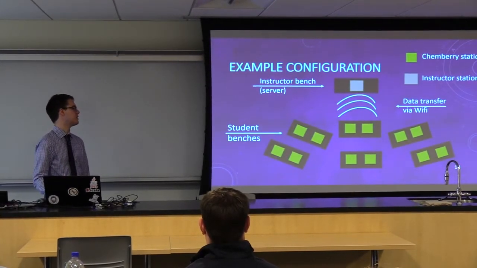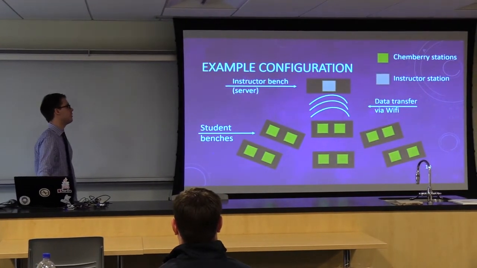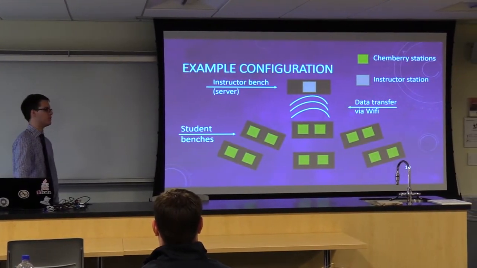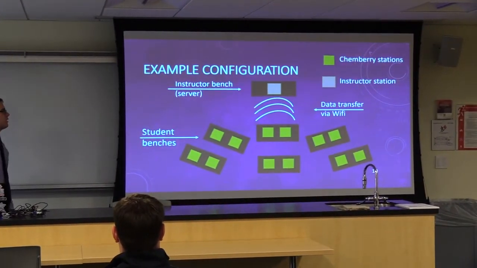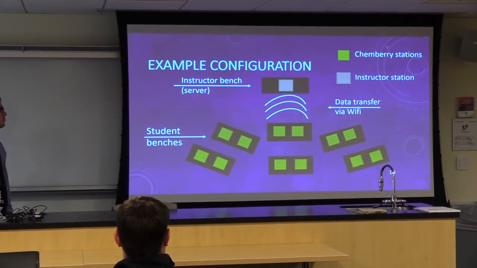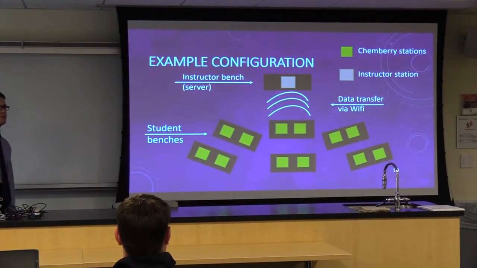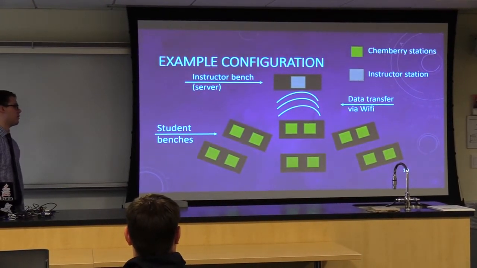In the classroom, this is what the situation is. There are usually 7 benches in a laboratory: one at the front of the room, and then 6 in the back, and the one at the front's where the instructor sits. Each student or each pair of students, because usually experiments are conducted in pairs, will get their own CHEMBERRY.